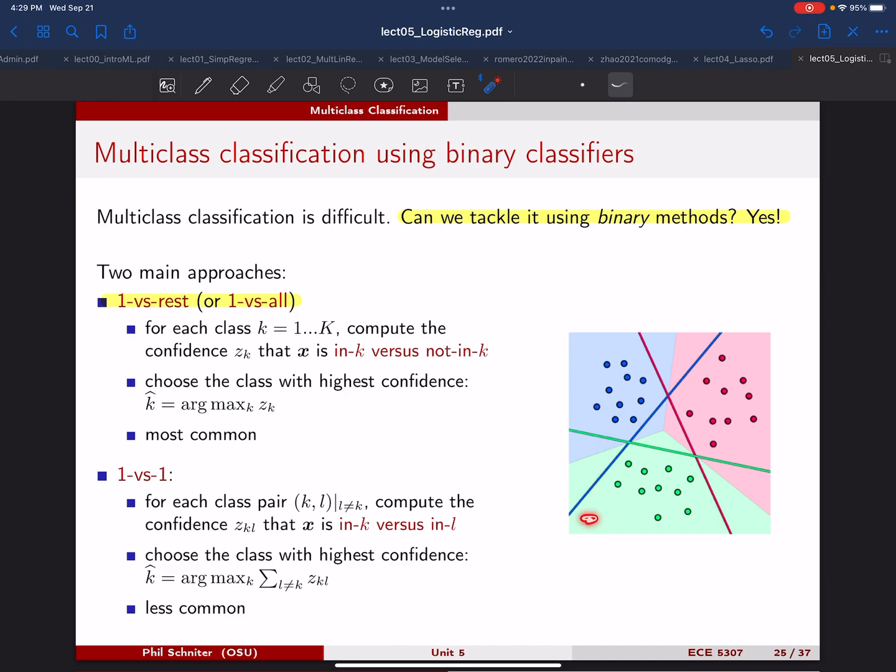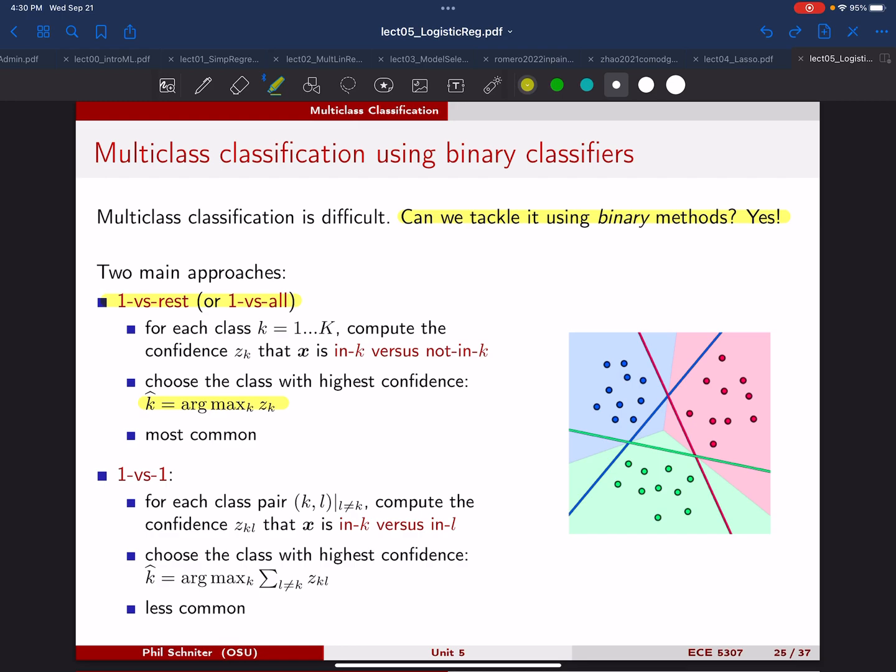This point for the blue one would be negative and small, and for the red one it would be negative and large in magnitude. But among those three, green would win, because it's the only positive one. That's the idea behind one versus rest: you formulate these individual classifiers, like you're either in k or not in k, then you compute scores for all of them, and whoever has the highest score is awarded the classification. Is that idea making sense?